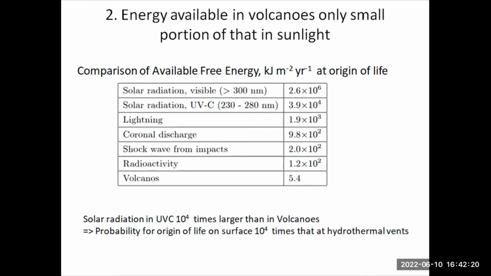So here I've provided a comparison of the available free energy in kilojoules per meter squared per year at the origin of life for the different forms of energy. Some of this is based on the work of Miller. You can find the references in my book, The Thermodynamic Dissipation Theory for the Origin and Evolution of Life. I'm sorry that I haven't included them here.